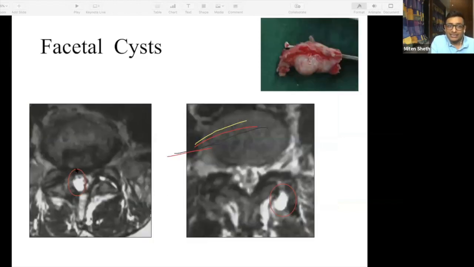So that is how facet cysts look, and eventually surgically you remove that. Now, facet cysts are basically an extension of your synovial lining, which fills with fluid, and that becomes a facet cyst, causing an acute increase in one-sided leg pain. All right.